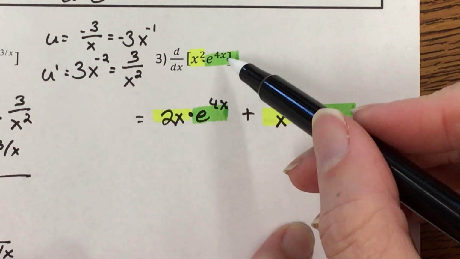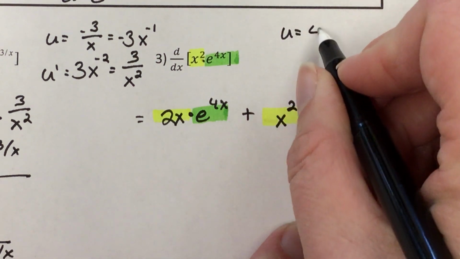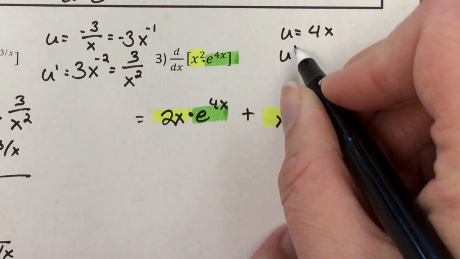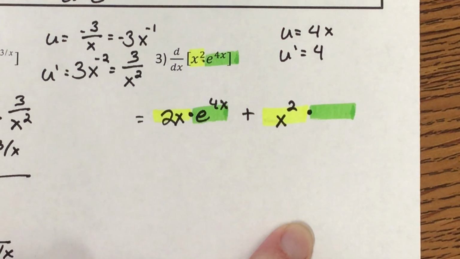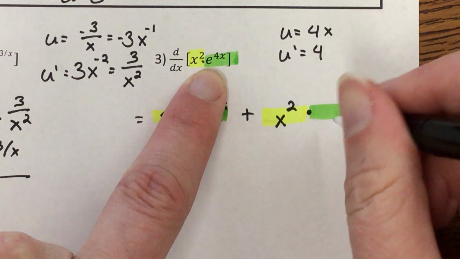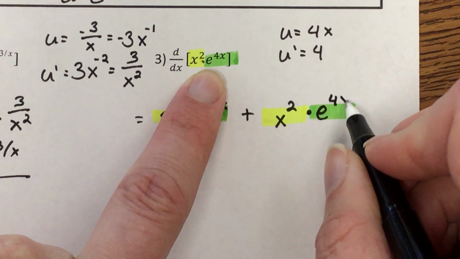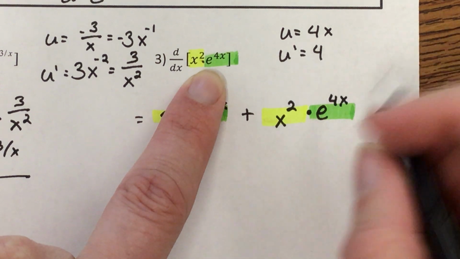Okay, so now we're going to need u and u prime for that e to the 4x. U equals 4x. U prime just equals 4. So our derivative is going to be e to the u, which is e to the 4x still, times u prime, which is 4.